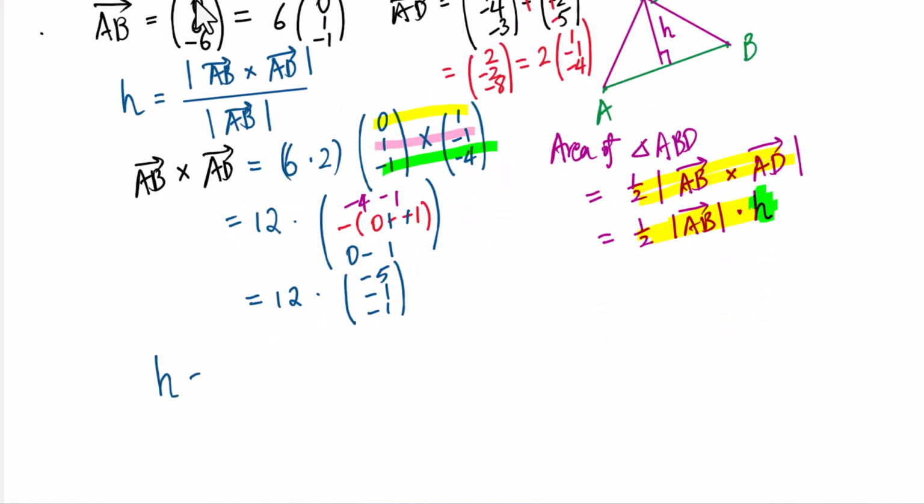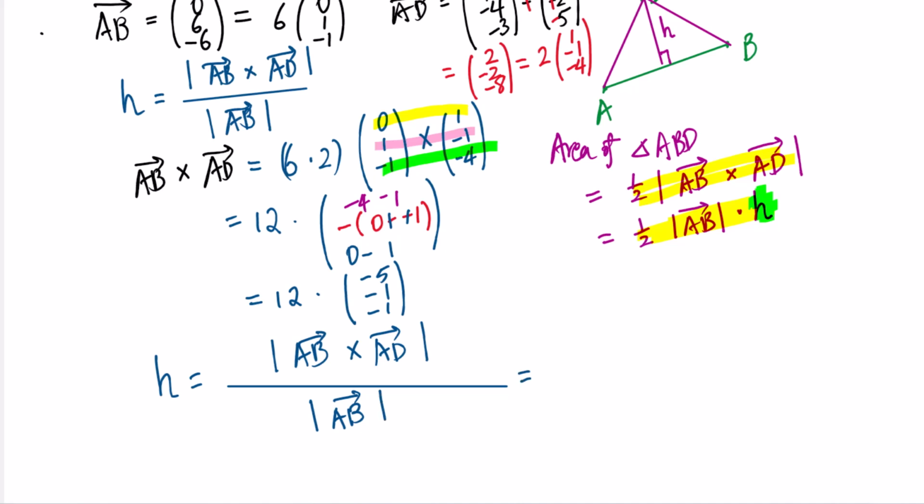So we get H equals absolute value of vector AB cross vector AD all over absolute value of vector AB.